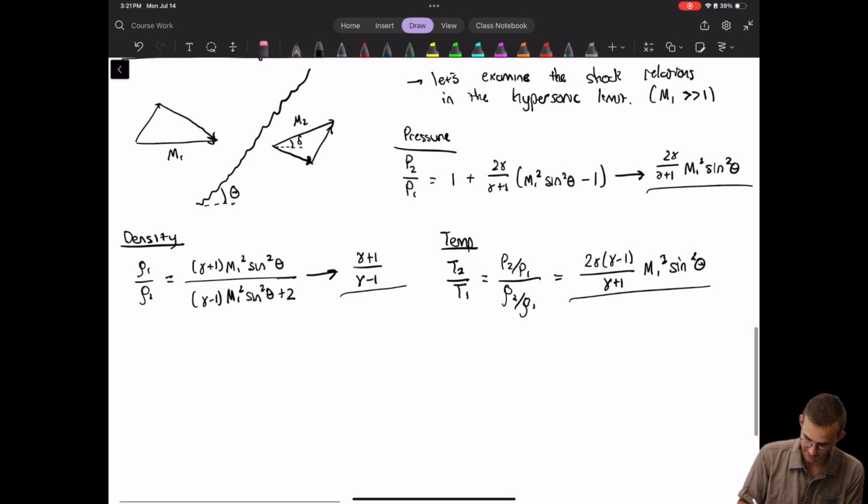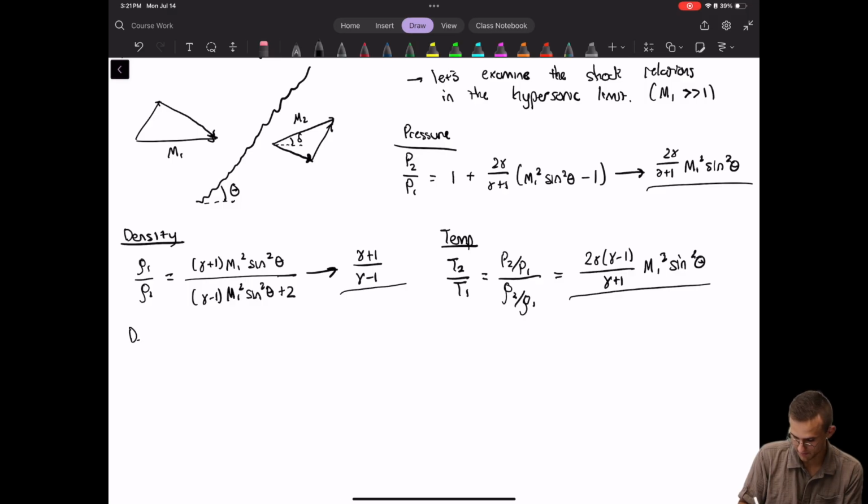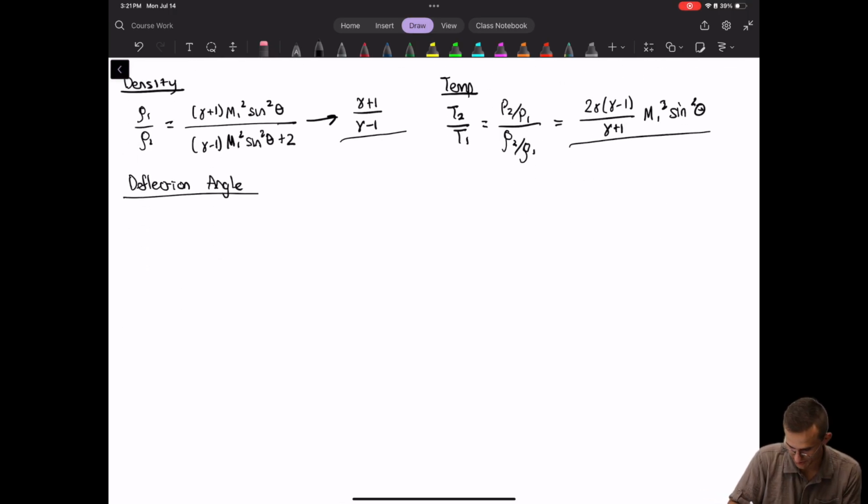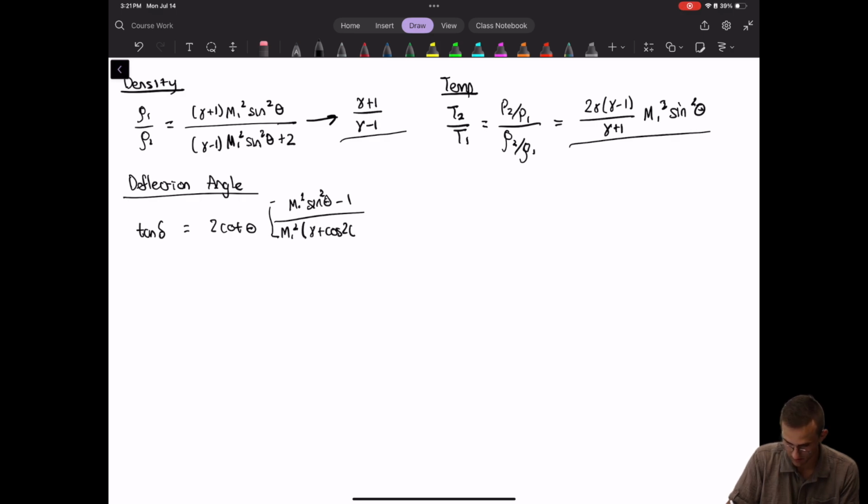The other thing that's interesting is to take a look at the deflection angle. Normally we have this relationship that the tangent of the deflection angle is equal to twice the cotangent of the shock angle times the quantity M1 squared sine squared theta minus 1, divided by M1 squared times gamma plus cosine of twice the shock angle, plus 2.